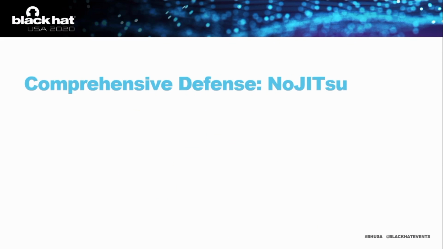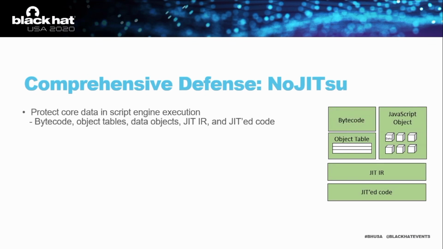So in order to protect the script engines from the previous bytecode interpreter attack, we propose NoJITsu, a new defense mechanism. The goal of NoJITsu is to protect all the data that are targets of our bytecode interpreter attack and other existing attacks.